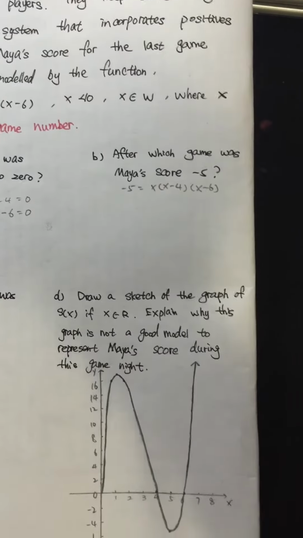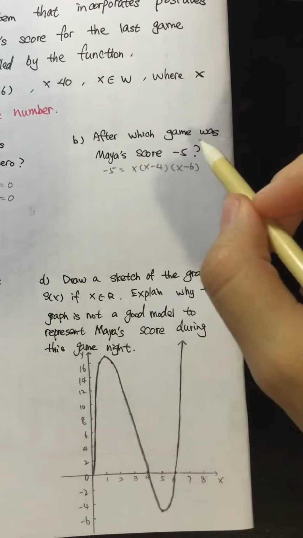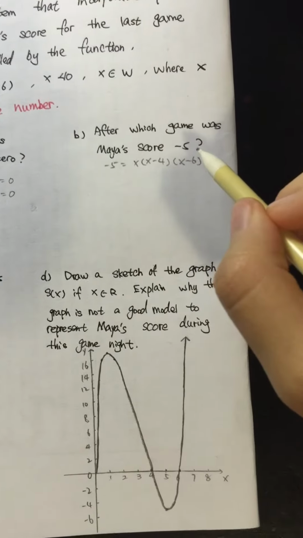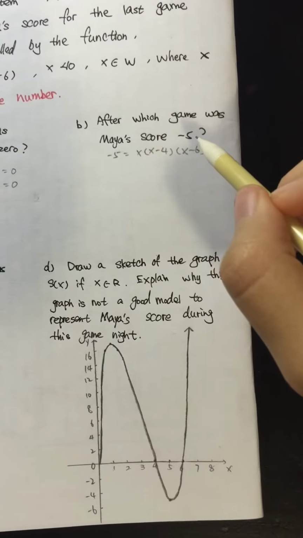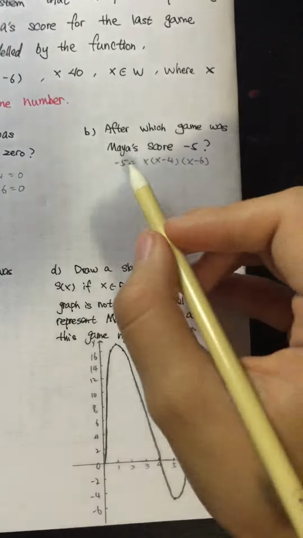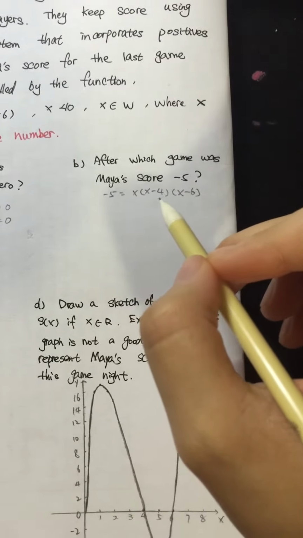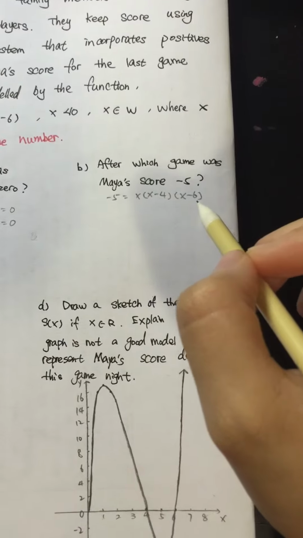The second question is, after which game was Maya's score equal to -5? Firstly, we should write the equation -5 = x(x - 4)(x - 6).